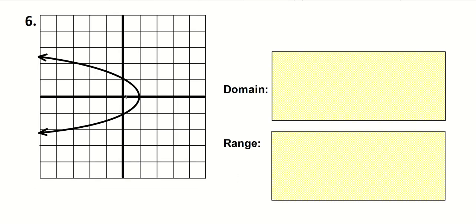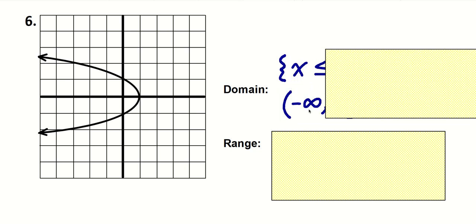Number 6. This is the kind of graph that is a U shape. It will keep going up and to the left forever, as well as down and to the left forever. So the domain: there's not going to be a leftmost point, so there's not going to be a smallest x value, but it's only going as far right as right here.